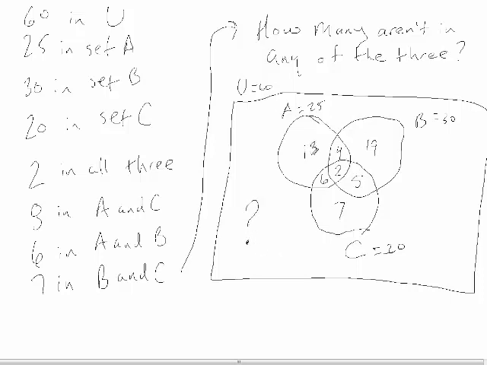So the total here would be, well, right here we've got 25, plus 5, 30, plus 19 is 49, plus 7 is 56. So there must be 4 out here to equal 60. That means the answer to our question is 4.